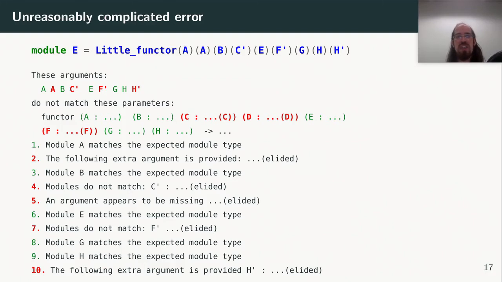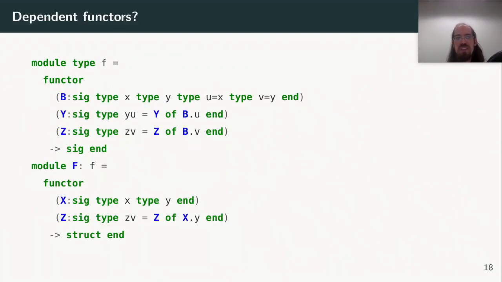But then we can wonder if it still works with dependent functors. Because for dependent functors we need to be careful, because the types of the parameters of the functor depend on each other. And yes, this worked quite well. For instance, if I define this dependent functor where the types of Y and Z depend on the type of B, and make a small mistake, I get a reliable error message.